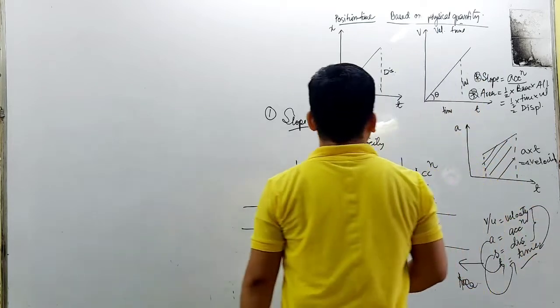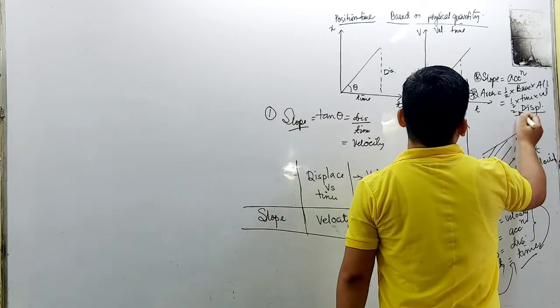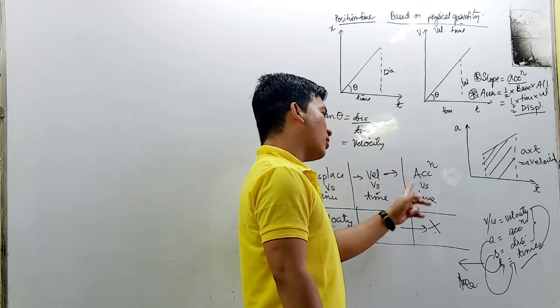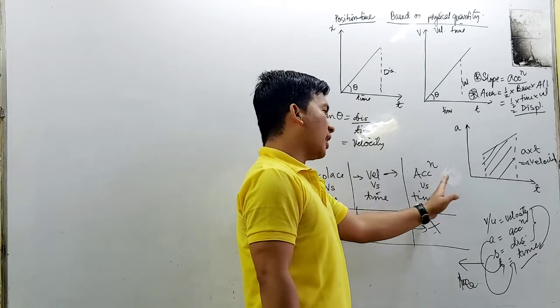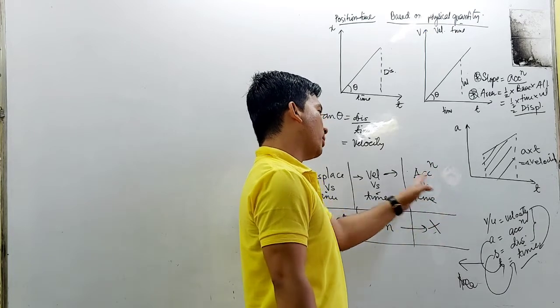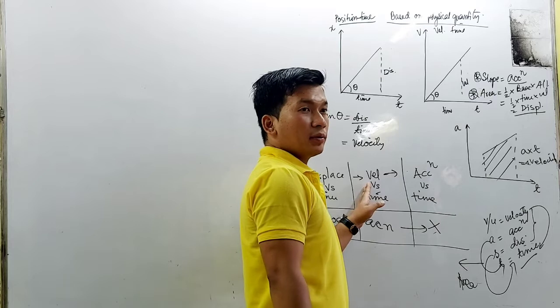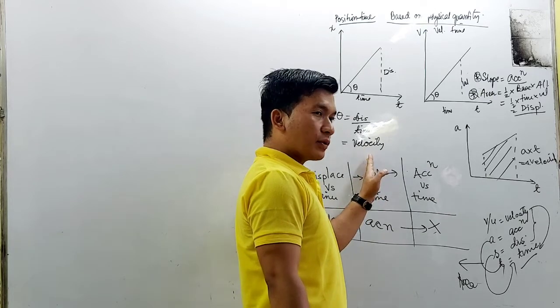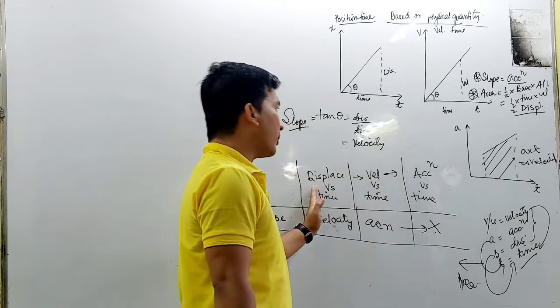The area under the velocity time graph will be equal to displacement. If we consider the total area under the acceleration time graph, it is backward: velocity will be produced. If we consider the area between velocity and time, it will produce displacement.